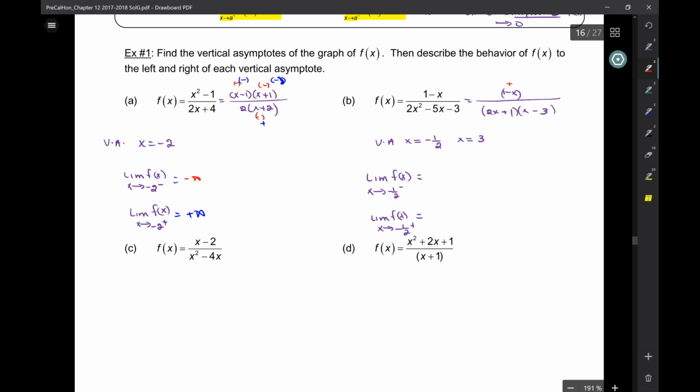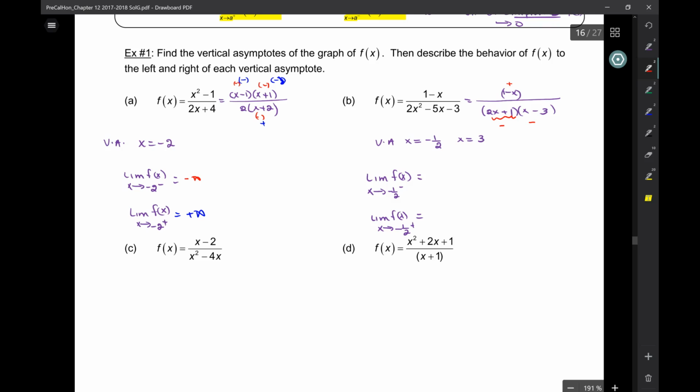Negative 0.51 here, I'm going to get negative.